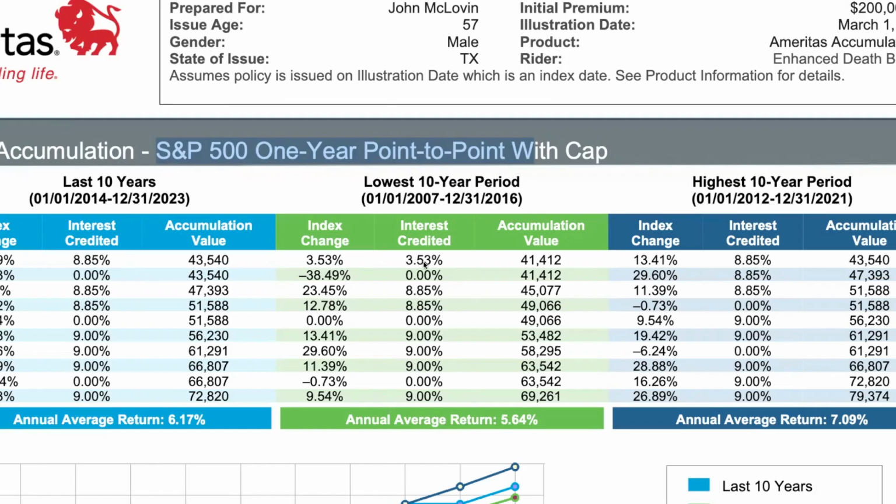So you can see year one, it did about 3.5%, and your money rose from 40,000 to 41,412. But then in year two, which would have been 2008, if we're looking at this historical marker here, what happened? Well, the market crashed. But notice what didn't happen. Your account balance didn't go down. Your account balance stayed exactly the same.